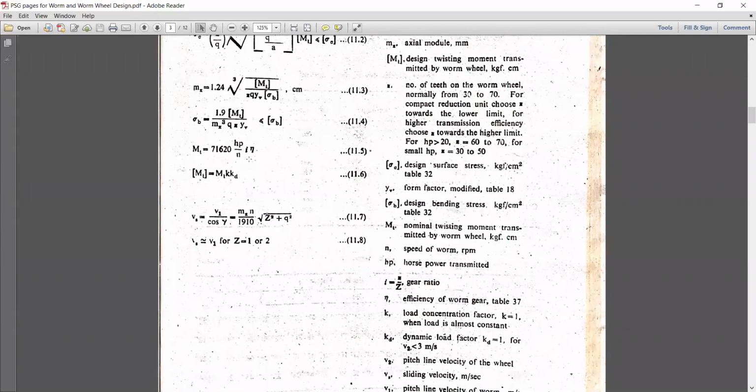Next, the value of i, and we have the value of small n, this is 1440. Now the value of efficiency is also known. Now we need to calculate the design twisting moment.